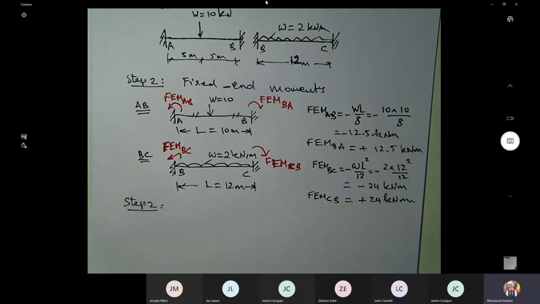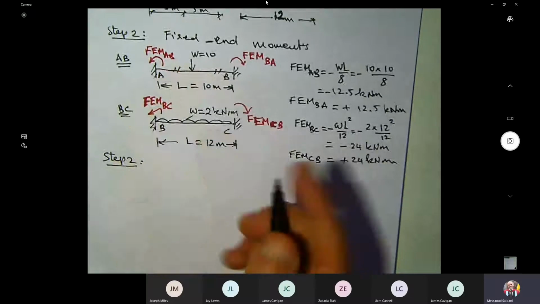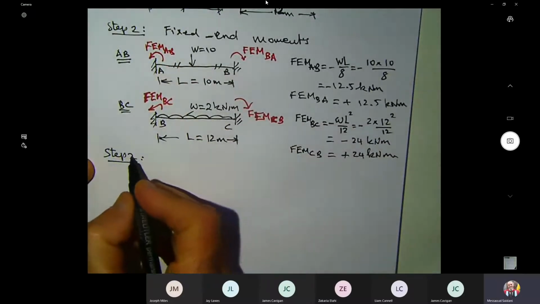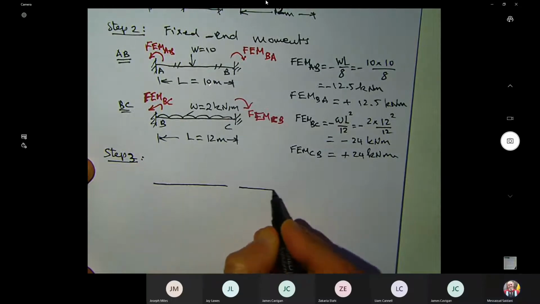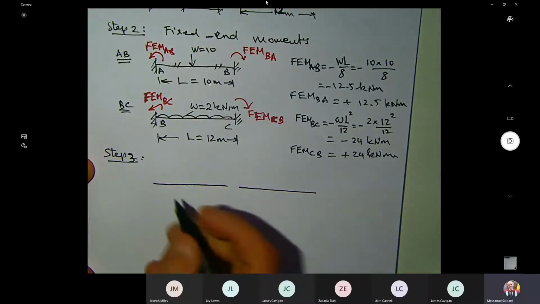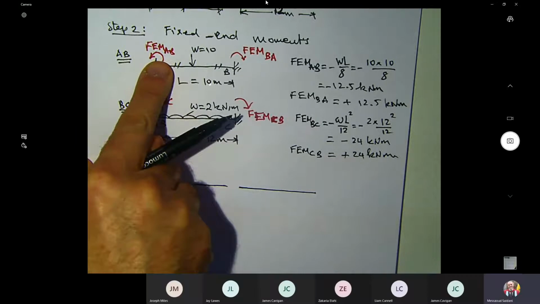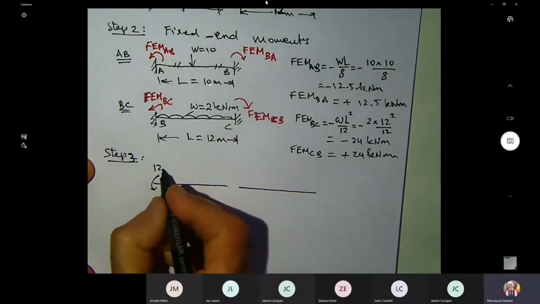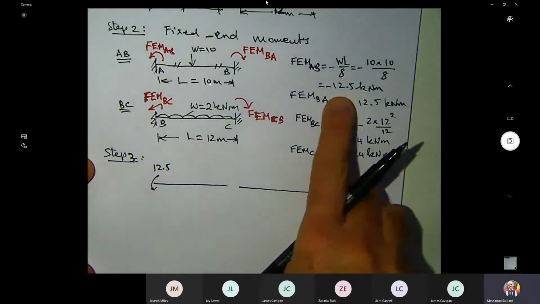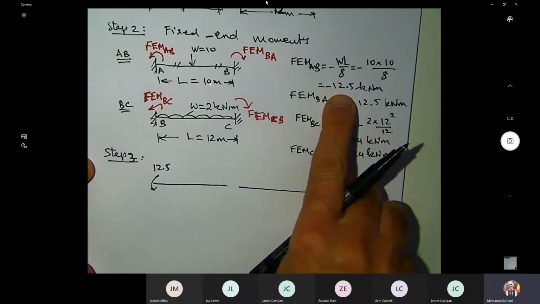Okay, so if you put it back together, this is what we have. At A, we have 12.5. Remember the convention.